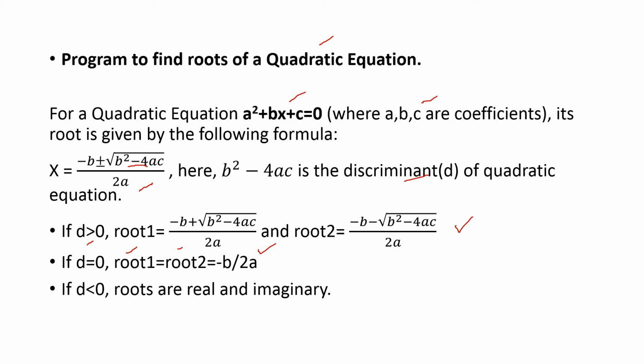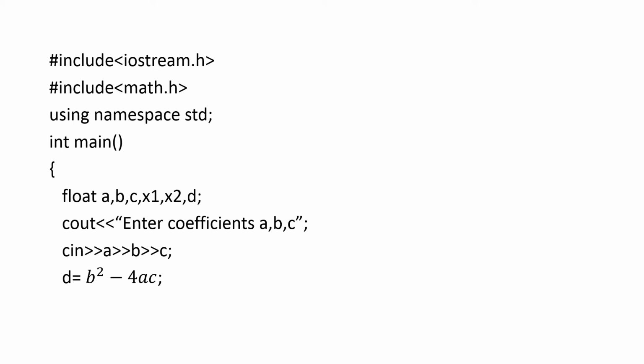If d is less than 0, you can write that the roots are real and imaginary. So these are the three cases: d less than 0, d equal to 0, or d greater than 0. So this is the program.